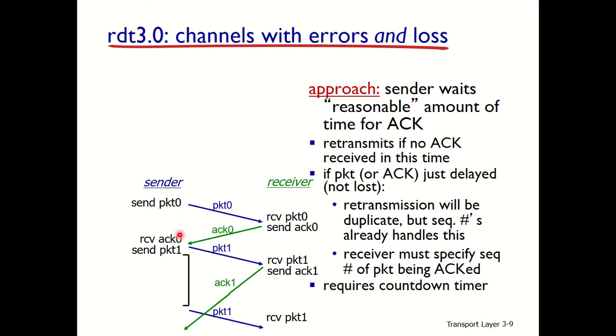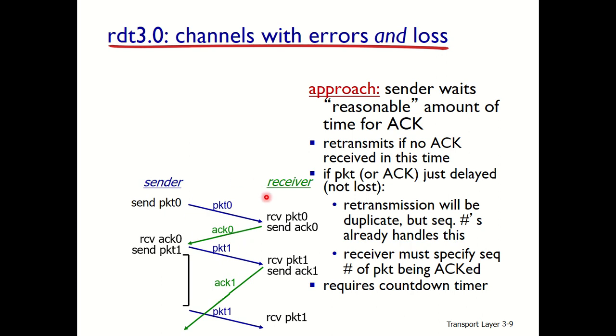If within that time the acknowledgement is received, the timer is cancelled and the next packet will be transmitted. If the timer expires and the acknowledgement is not received, then that packet will be retransmitted. So if the underlying channel can have packet loss, we can use a countdown timer along with the checksum, the sequence number, the retransmission mechanism, and the feedback mechanism.